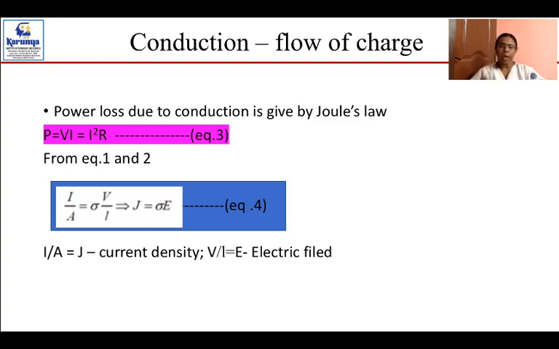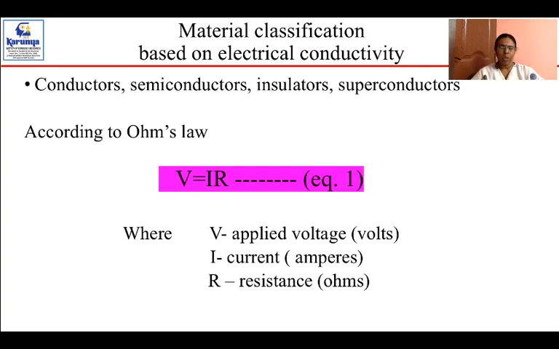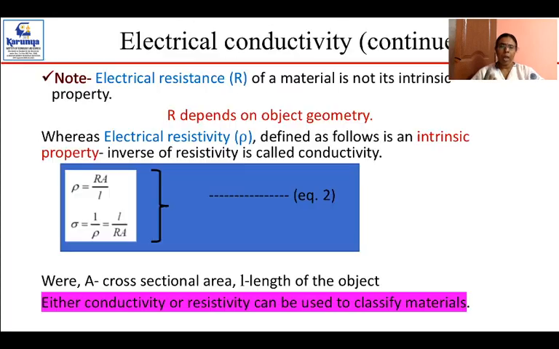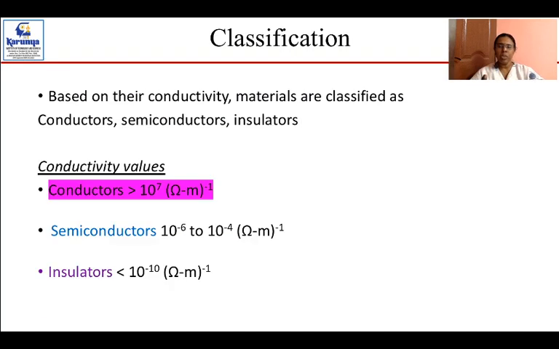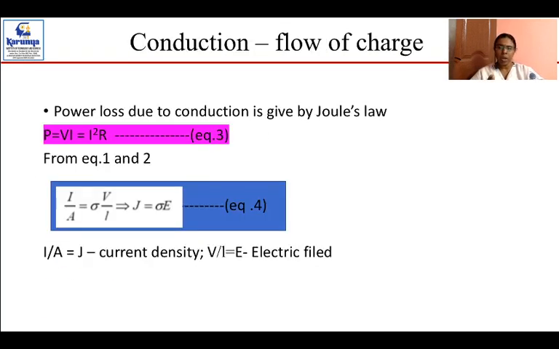Now going back to equation 1 and equation 2, that is Ohm's law and the equation on conductivity, and combining these two, we end up with the equation J equals sigma E. Here J is the current density, which is current per unit area, I by A, and E is the electric field, which is the voltage divided by the length of the material.